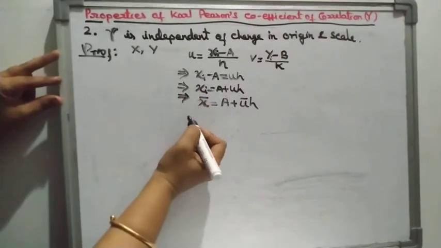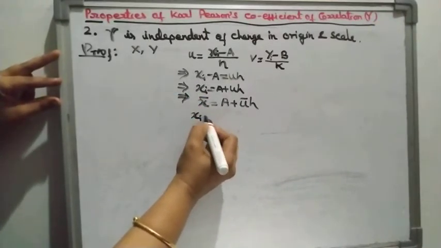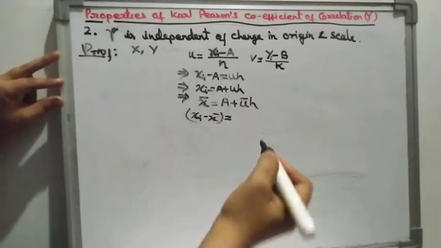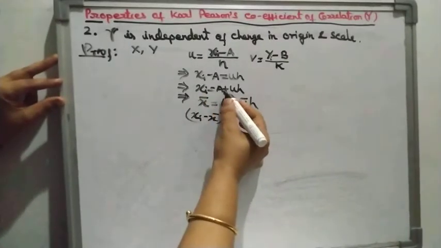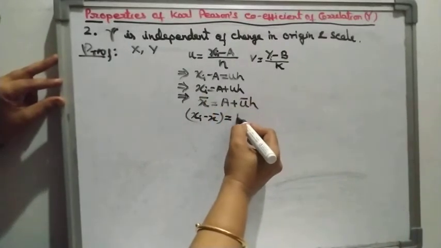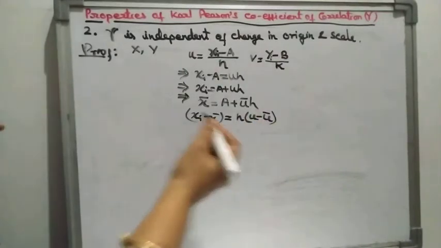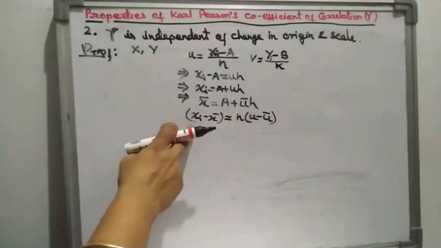Now subtract these two, that is xi minus x bar. So what we will get from this minus this: a cancels, what is left, h common, u minus u bar. So x minus x bar will become this. Okay, why do we do this?